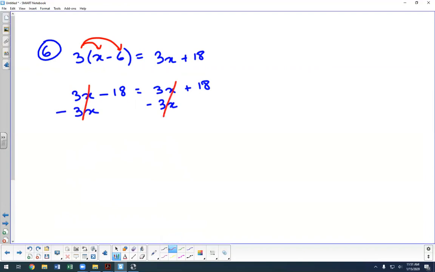So our x's will cancel out, leaving us behind with negative 18 here and positive 18 there, right? So 2 different signs. That means we actually have a false statement. They're not the same number. And this is where it becomes an inconsistent equation instead of identity.